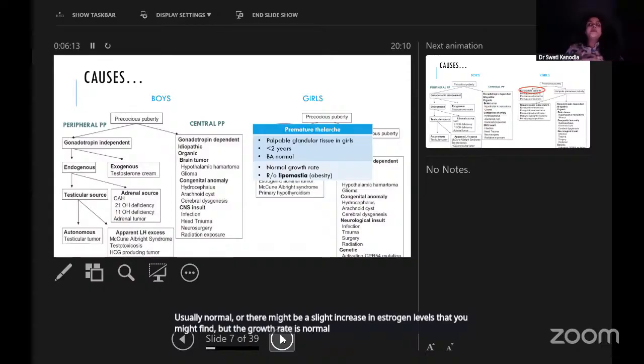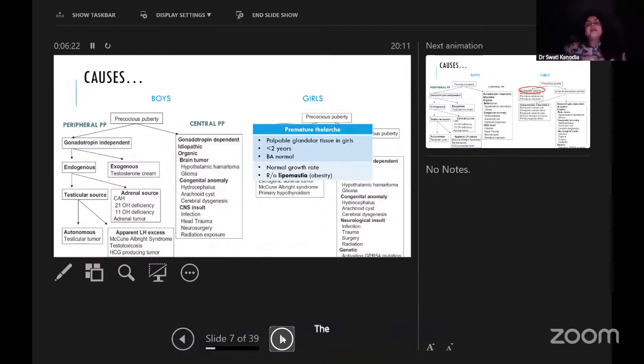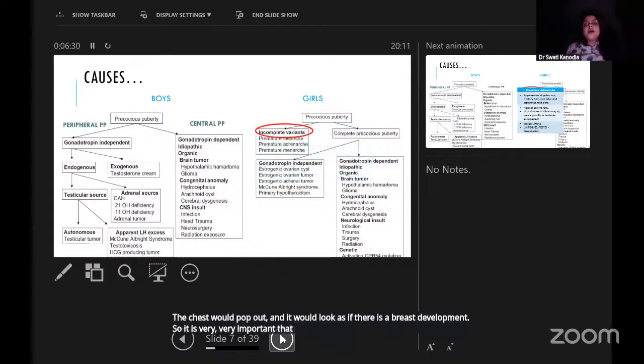It is very important to rule out lipomastia, because when you make a child who is a little overweight or plump sit, the chest would pop out and it would look as if there is breast development. So it is very important that obesity is ruled out, and we do not label it as early thelarche or precocious puberty in a very small child.